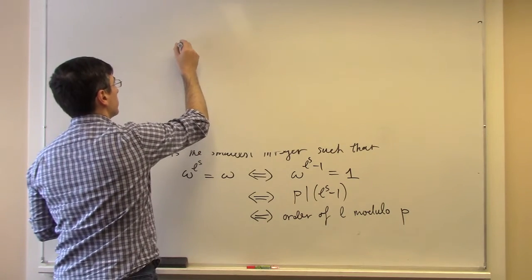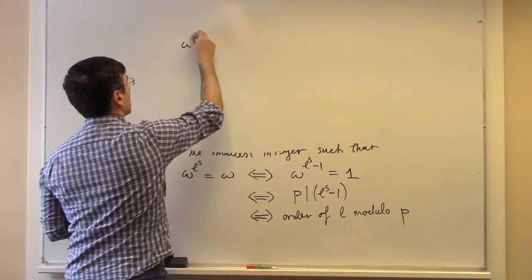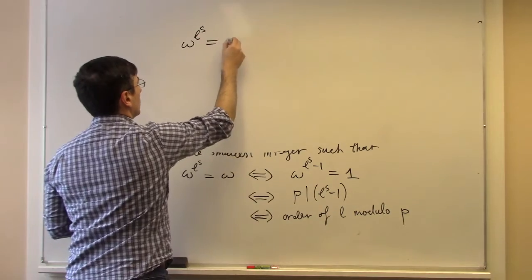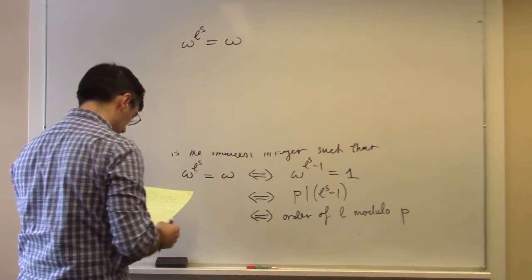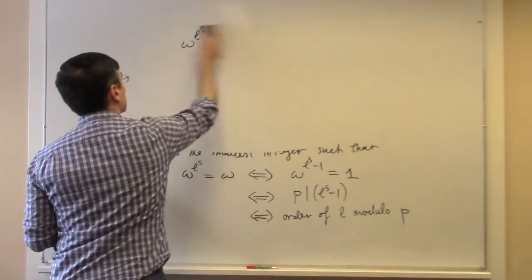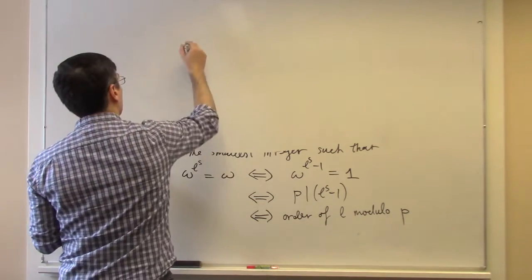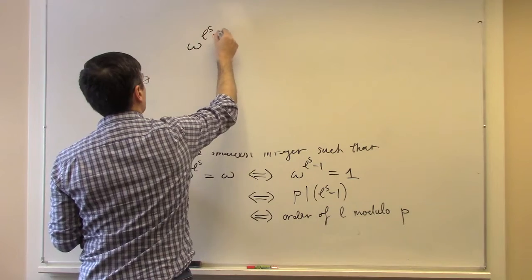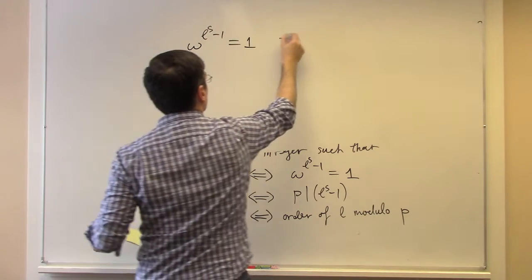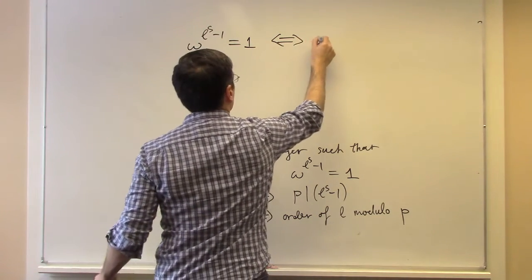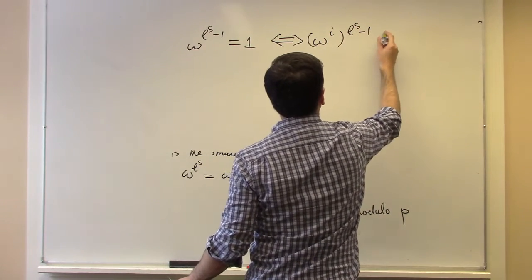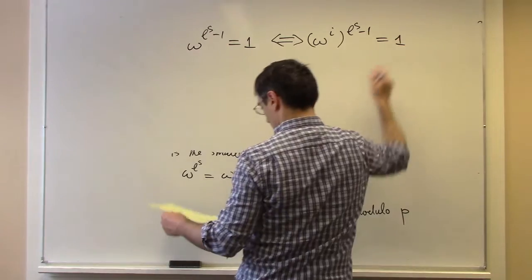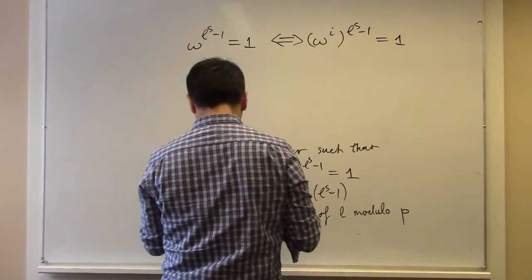So omega^(l^s - 1) equals 1 if and only if omega^(i(l^s - 1)) equals 1.